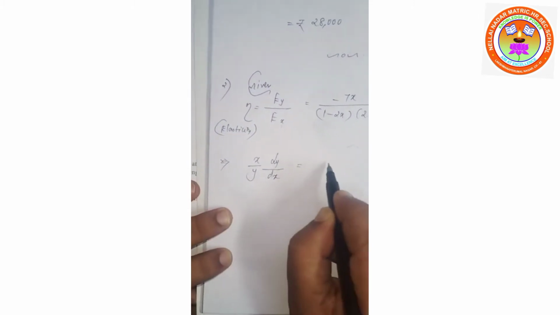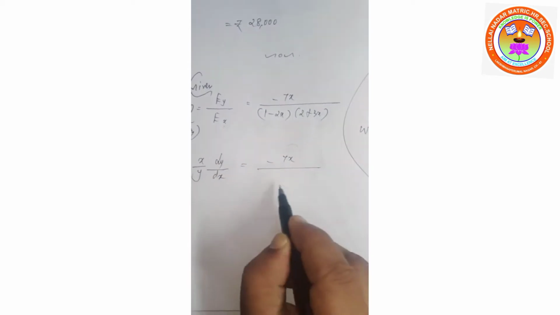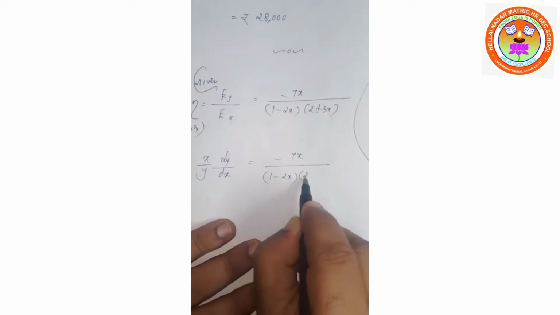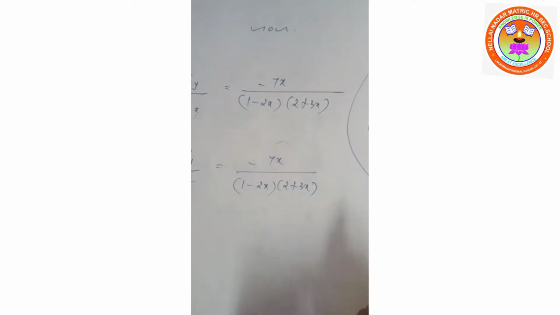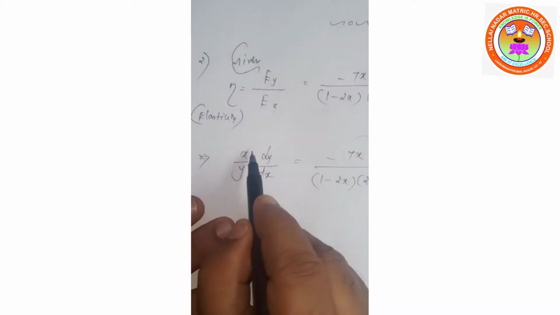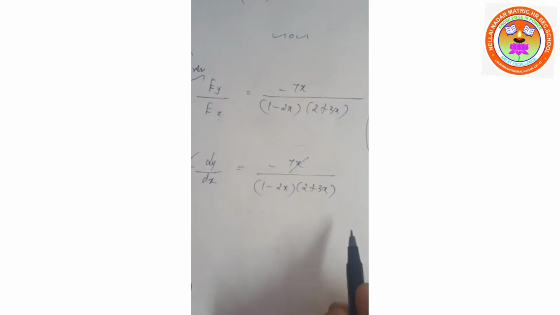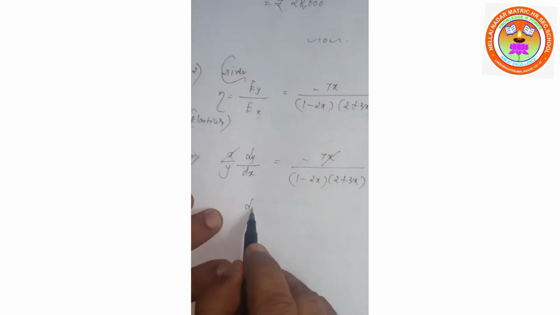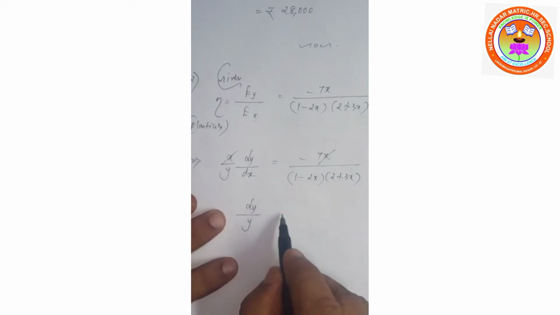That is equal to minus 7x divided by 1 minus 2x into 2 plus 3x. Can cancel x and x. Then I am retaining dy by y in the left hand side.